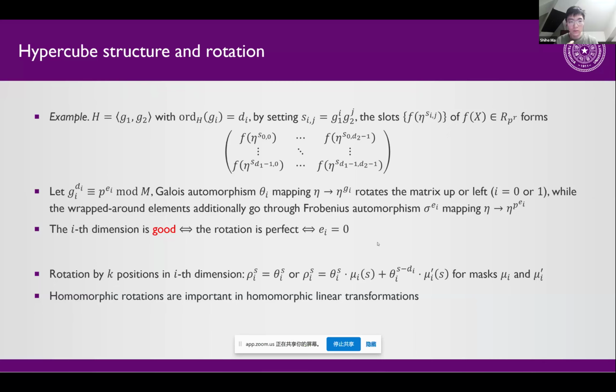If the generators g_i have the same order in group H as in Z_m^*, then the rotation can be realized with only one Galois automorphism, and we call this dimension a good one because the rotation is cheaper. Otherwise, if the order of g_i in H and in Z_m^* is different, the rotations need to be realized with two Galois automorphisms, and we call the dimension a bad one. These homomorphic rotations are important in homomorphic linear transformations.